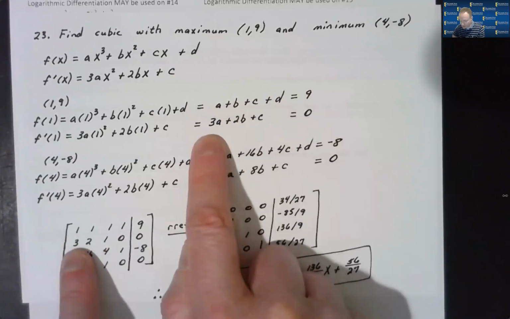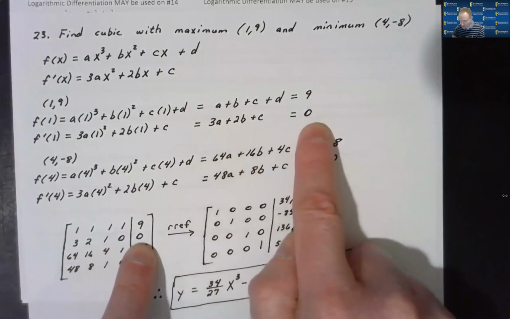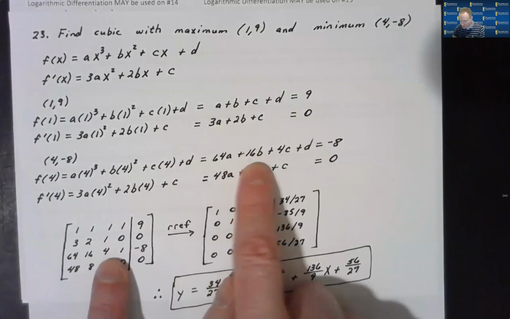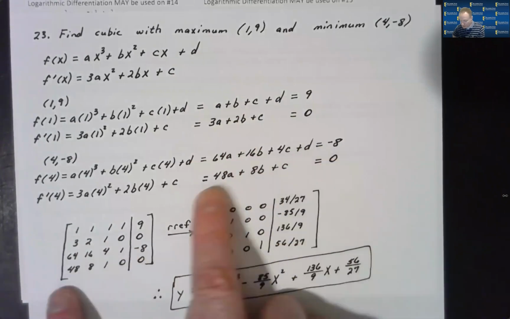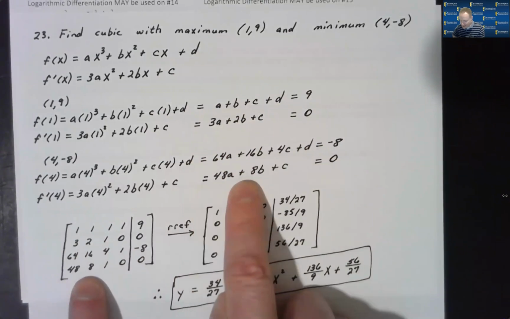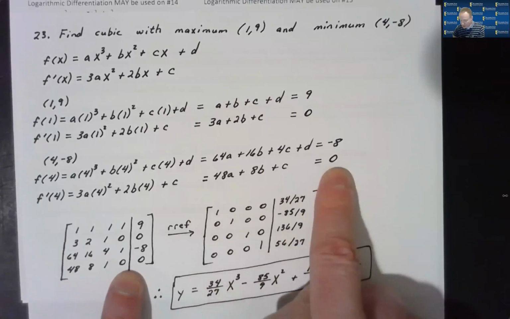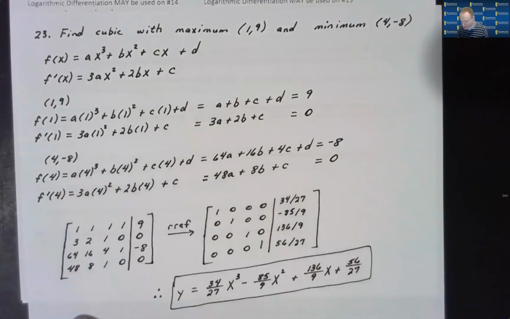Second row, 3, 2, 1, 0, 0. Third row, 64, 16, 4, 1, -8. Fourth row, 48, 8, 1, 0, and 0. So you can see that the first column represents A, second column represents B, third column C, fourth column D, fifth and final column solutions.